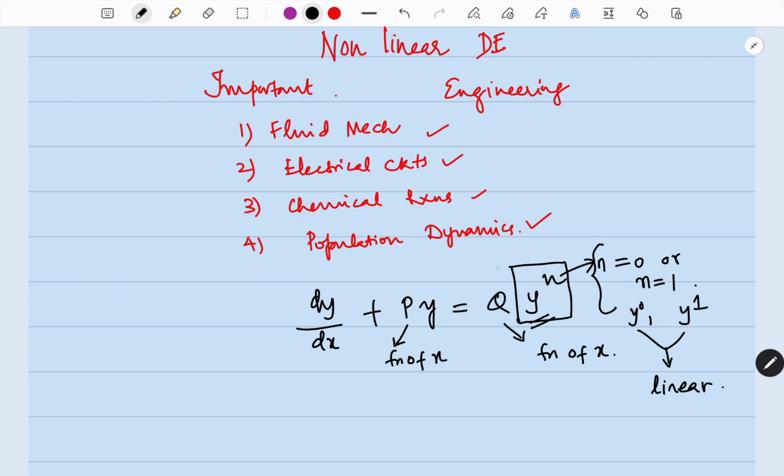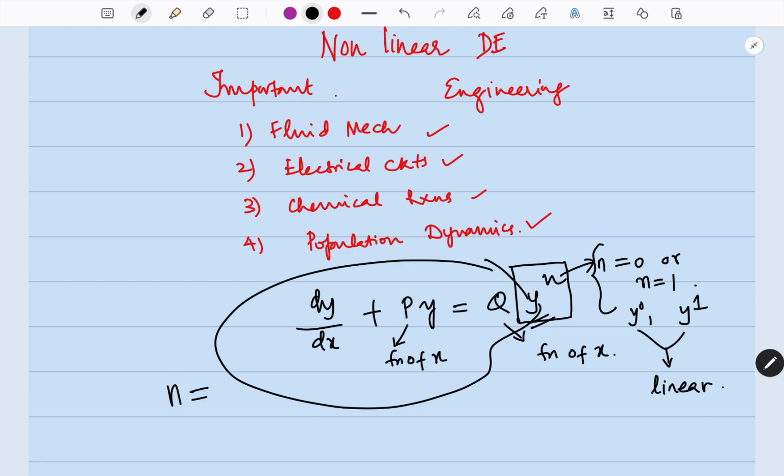So keep in mind, for Bernoulli's differential equation, n is not equal to 0 and 1. If n is equal to 0 or 1, automatically the equation becomes linear. So n not equal to 0 and n not equal to 1 gives Bernoulli's differential equation.